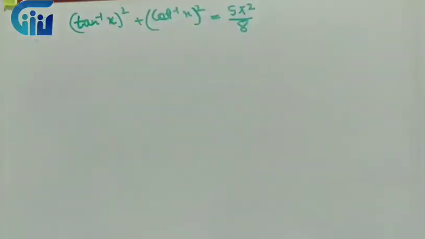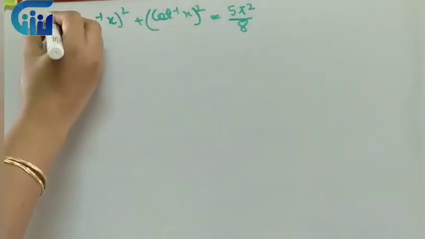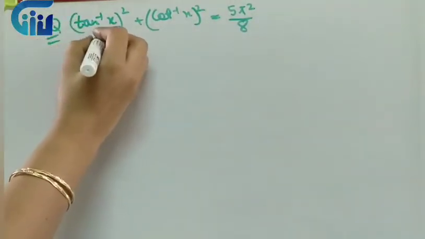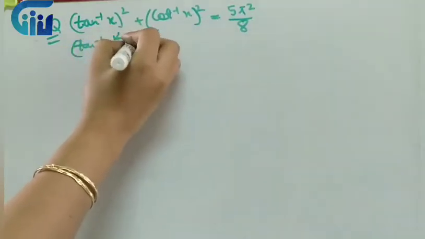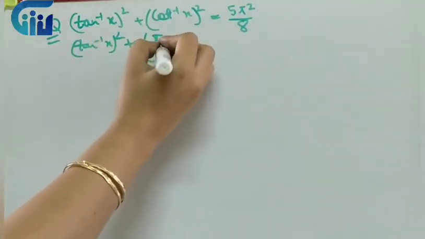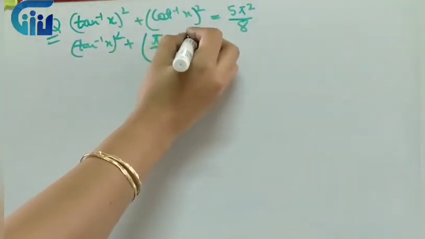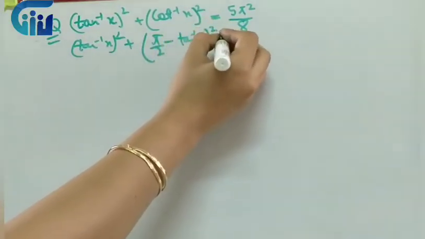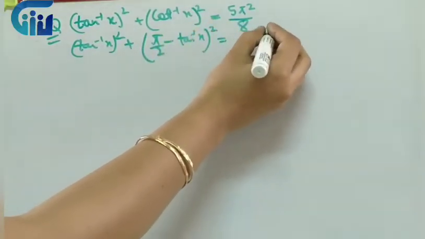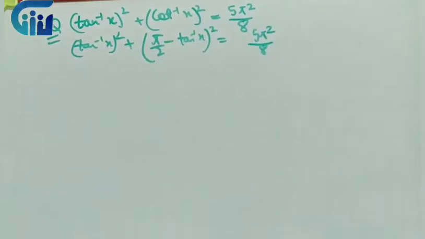Next what we have, this question: tan inverse x whole square plus cot inverse x whole square is equal to 5 pi square by 8. Again, a very important 4-marker question has been asked in board exams. So what we will do, I'll write this as tan inverse x whole square, this as it is. In place of cot inverse, I'll write pi by 2 minus tan inverse x whole square, and this I'll keep as it is, 5 pi square by 8, right?